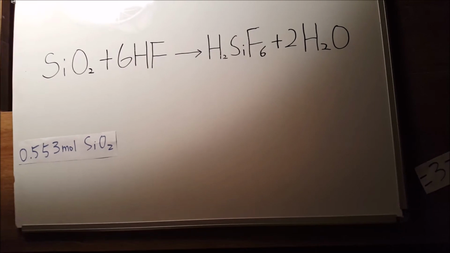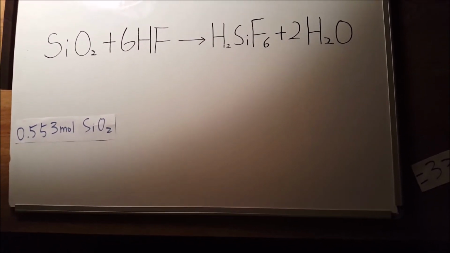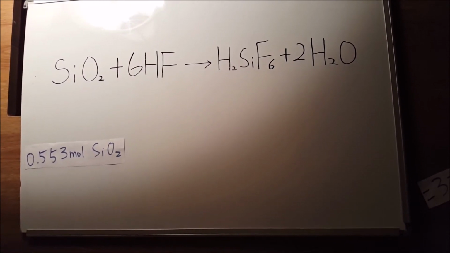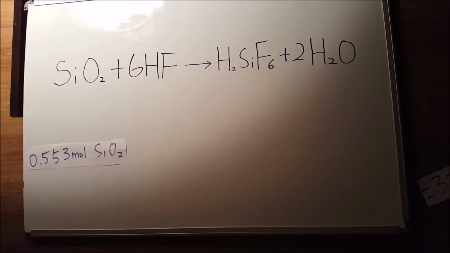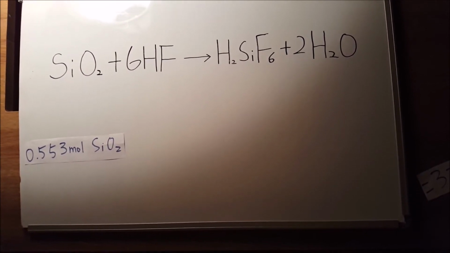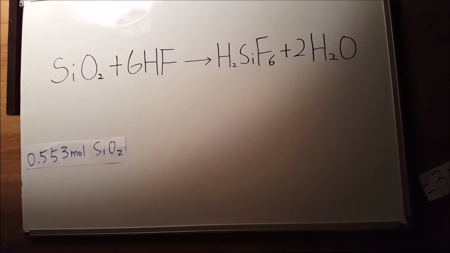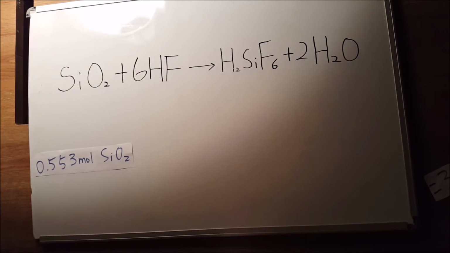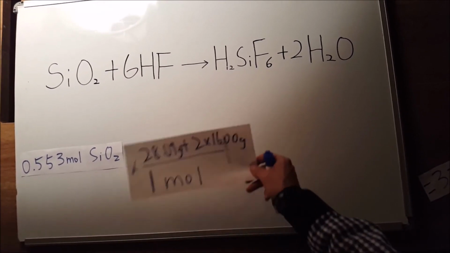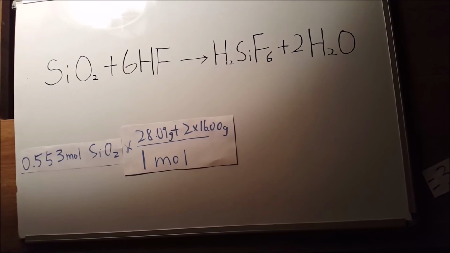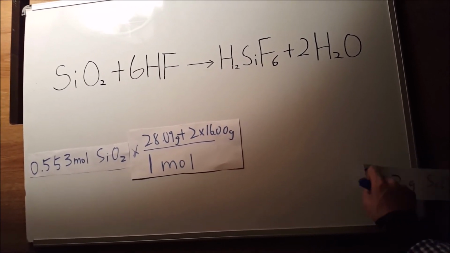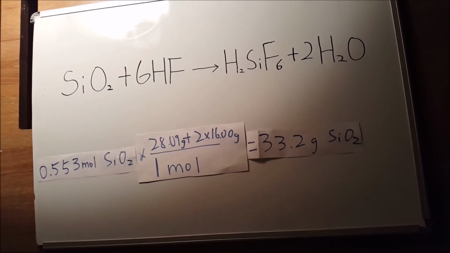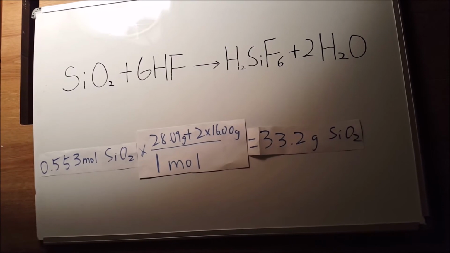So now, since hydrogen fluoride is the limiting reagent, let's see the actual mass of silicon dioxide that was used. We multiply 0.553 moles of silicon dioxide by the molar mass of silicon dioxide, which gives us the actual mass used in the experiment, which is 33.2 grams of silicon dioxide.